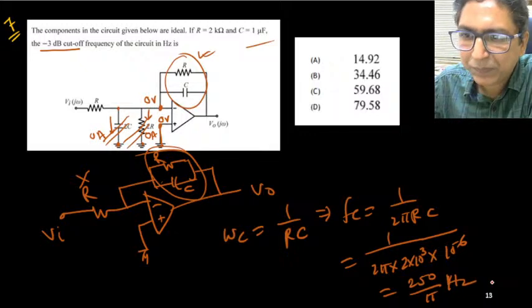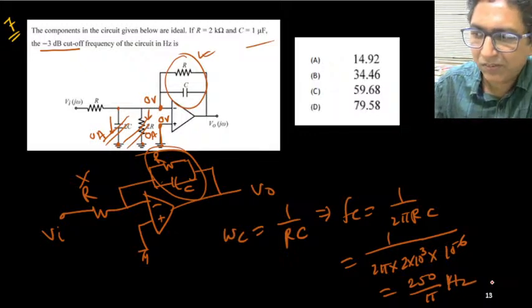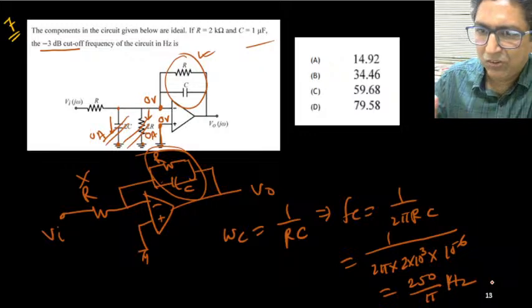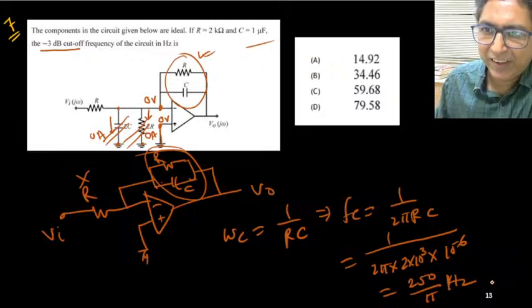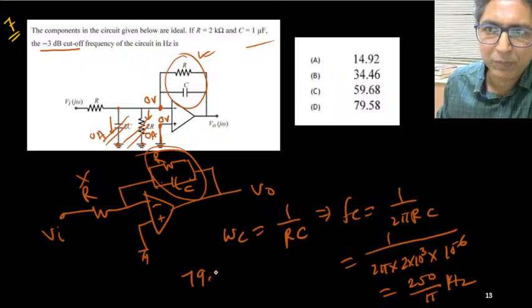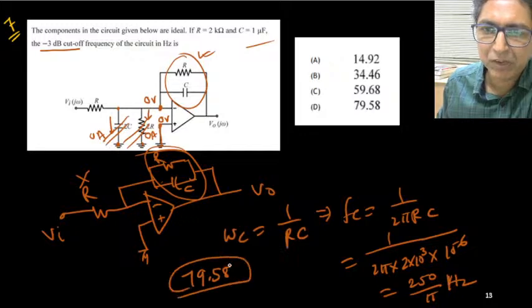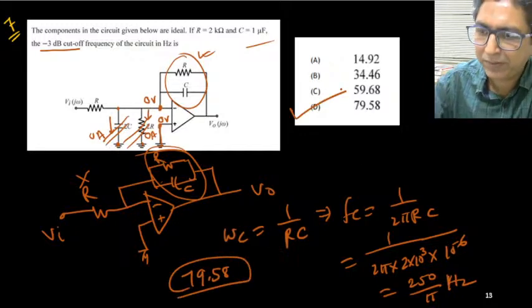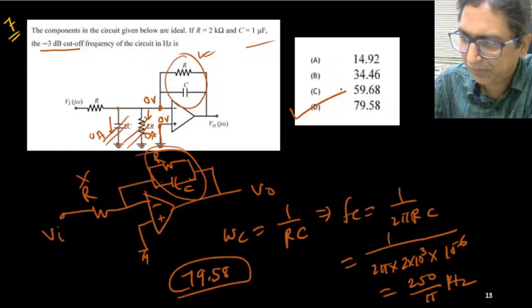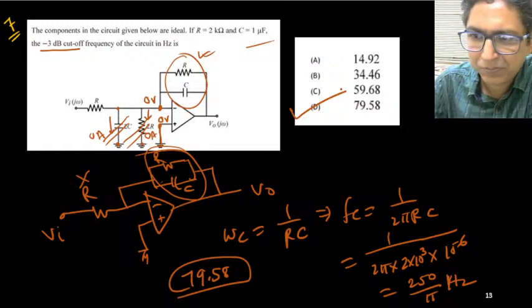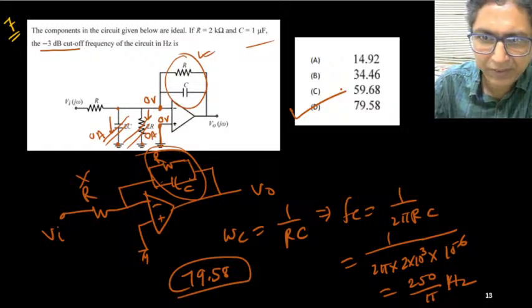Is it okay? So 250 by pi, how much is it? Around 80, less than 80. The exact value will be 79.58 hertz. That could be exact, probably. So this is the answer. Is it fine?